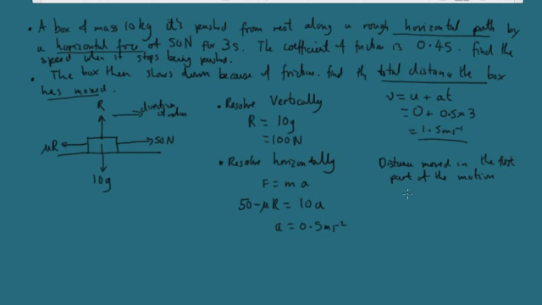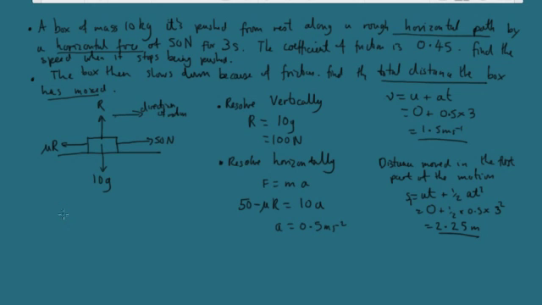So we will use S equals ut plus a half at squared. So the initial speed was 0 plus a half times 0.5 times t squared, which is going to be 3 squared, which is 9, and that will give us 2.25 meters. So we're going to call this S1.